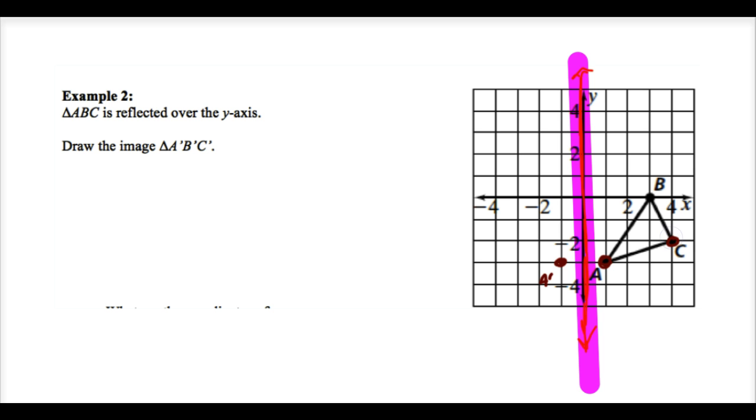Point C is 4 spots away, so we'll go over there, 4 spots away. We'll label that C prime. And point B is 3 spots away, again 3 spots away. If we fold them over, we'd be given the triangle A prime, B prime, C prime exactly as you guys see it drawn out right now.